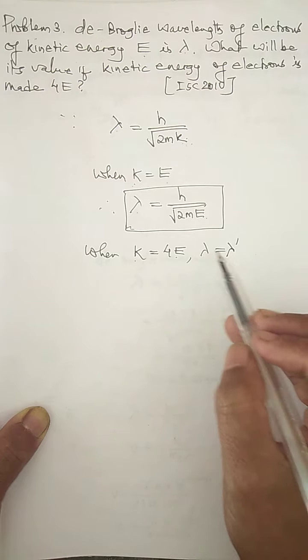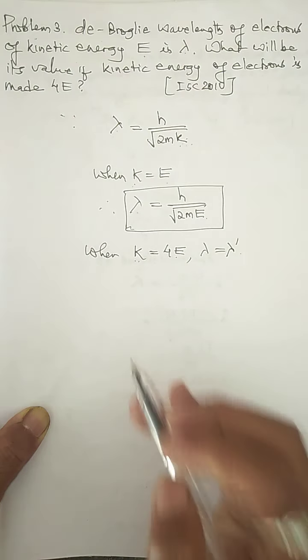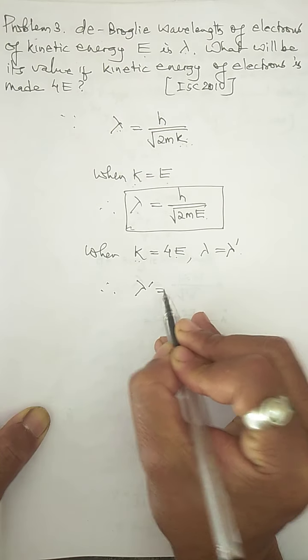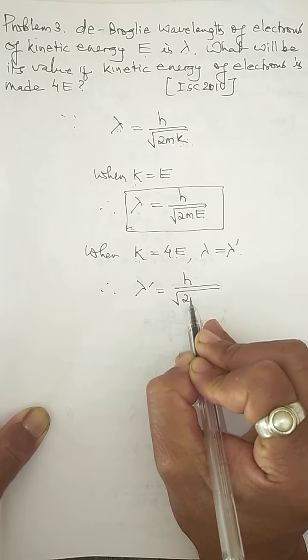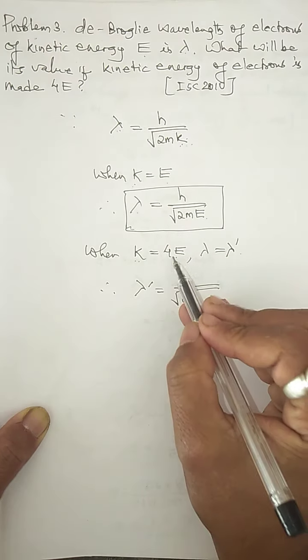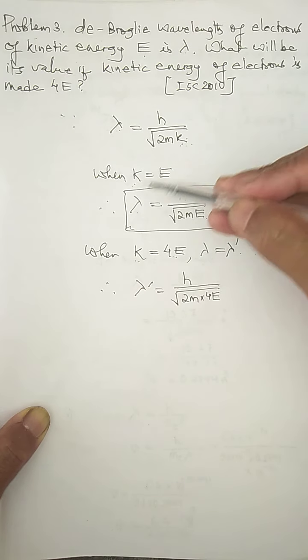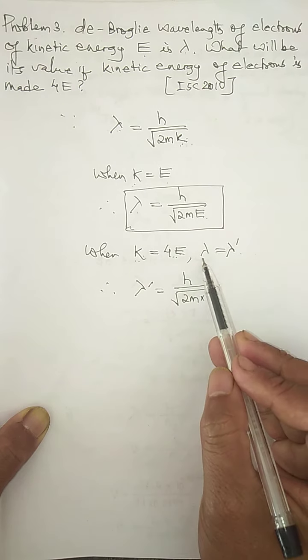I substitute this value of K in the expression, so lambda becomes lambda dash equals h by square root of 2m, and now E becomes 4E. So when the kinetic energy is 4E, I substitute it, and the wavelength becomes lambda dash.